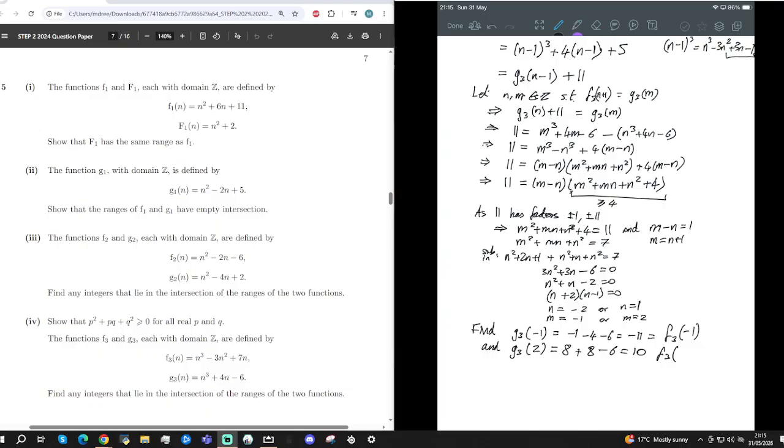That should be the same as f3 of 1 plus 1. 2 cubed is 8 minus 12 plus 14, again, is 10. So, thus, 10 and negative 11 are the only integers in both ranges.